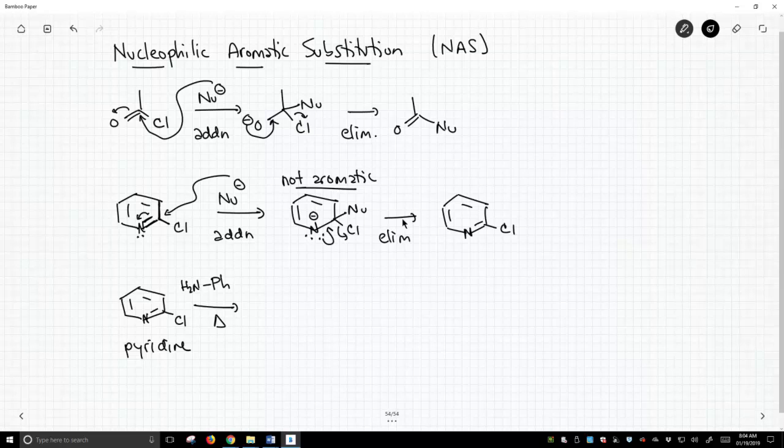So we might heat this up, and what happens is the nitrogen of the amine will attack, kick out the chloride, and we'll end up losing HCl overall, and we'll get this kind of structure. So this is a nucleophilic aromatic substitution. It works great for making different substituents around pyridines. And it turns out those are sort of in-demand compounds, so this is pretty commonly encountered chemistry if you go into the chemical literature.